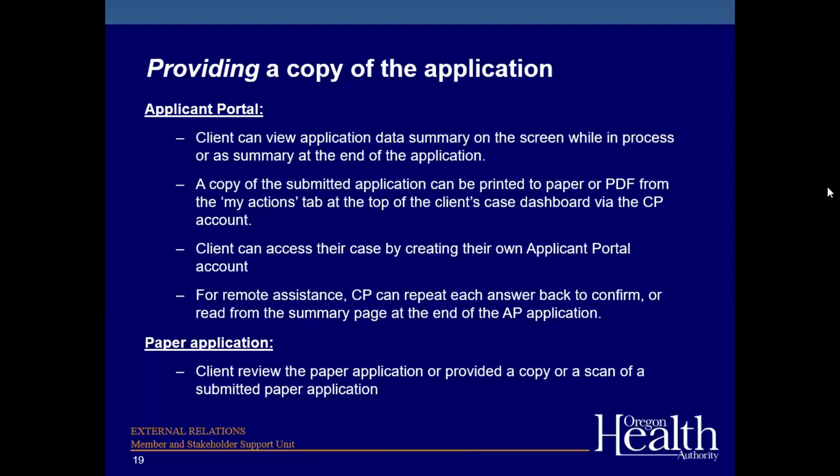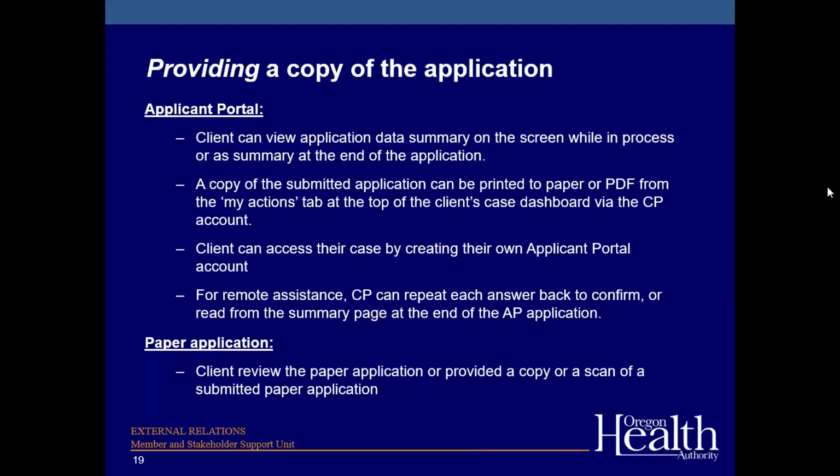You can also share it as the summary at the end of the application. So you can click through Applicant Portal and see all of the different fields that have been filled out so far. That's a version of sharing the application information where they might not walk away with anything in their hand.